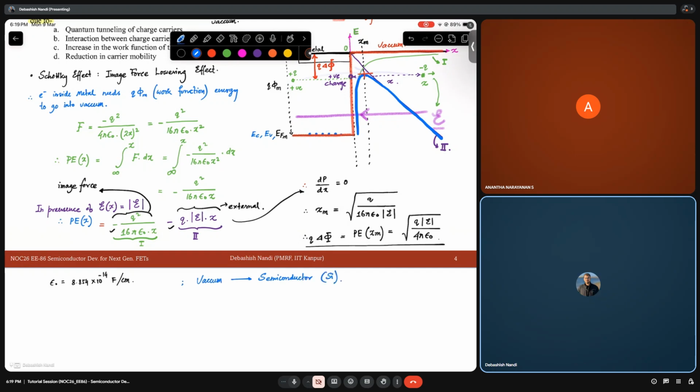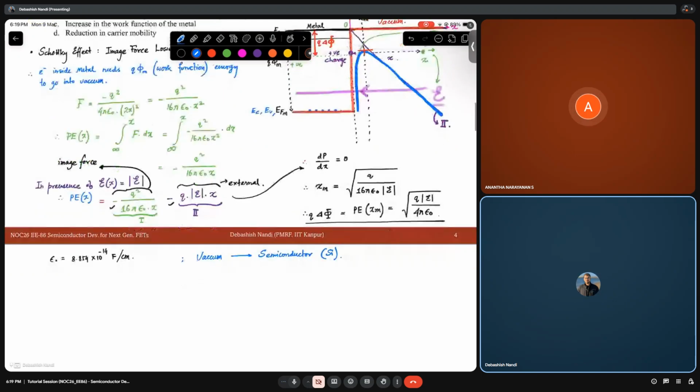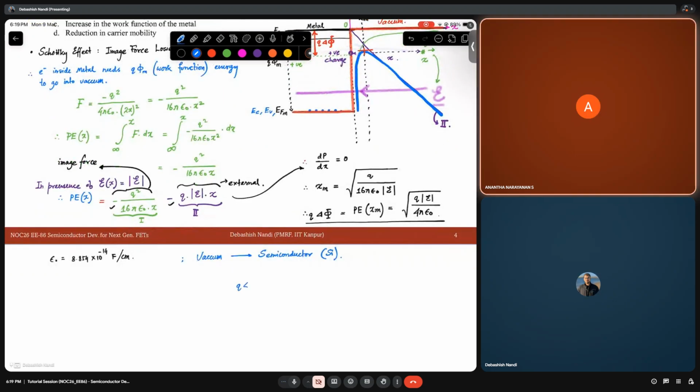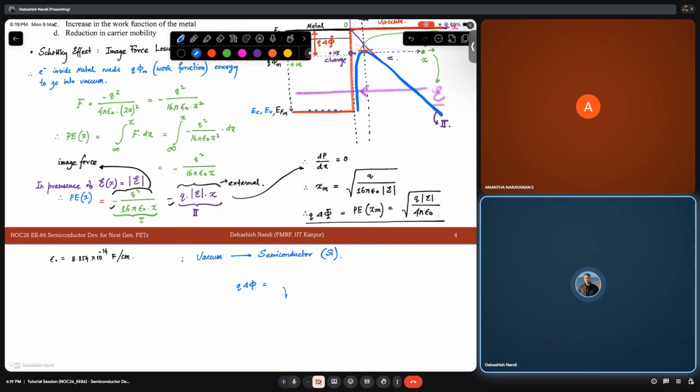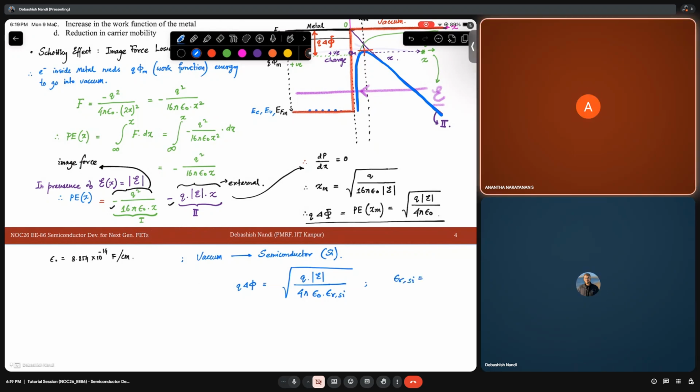Fine. So in that case, epsilon naught becomes epsilon S, so this will become q E over 4 pi epsilon S, where your epsilon S you can simply write as epsilon R of silicon, right? What is epsilon R of silicon? 11.7.